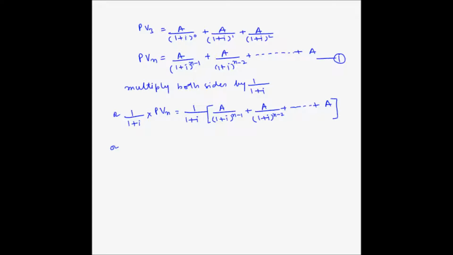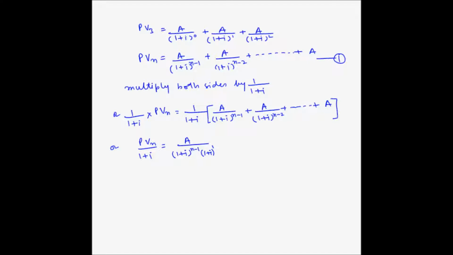So this is PVn divided by 1 plus i is equal to, now let's open the bracket. The first term will become A divided by 1 plus i to the power n minus 1, into 1 plus i. Now let's consider this as to the power 1, it is the same.